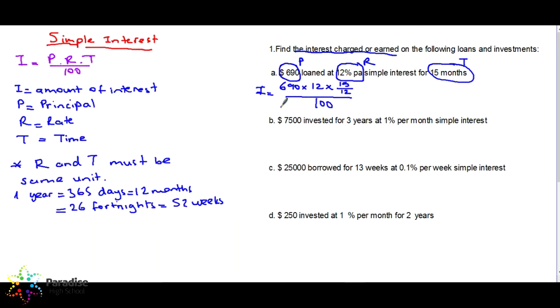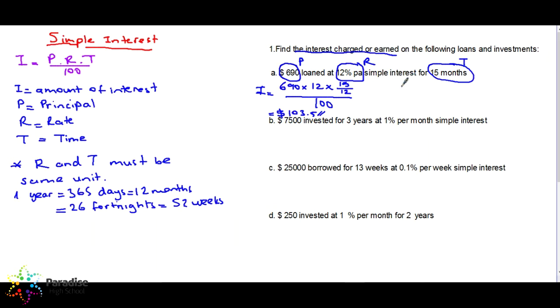What's the result? 690 times 15 divided by 100. That makes 103.5 kina. No, not kina, it is in terms of dollars. So we should write the unit, dollar, 103.5. So that's the answer.